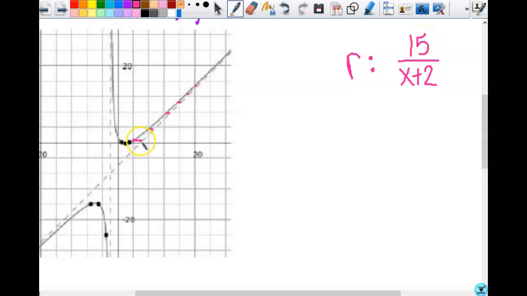That's this distance right here. If I substitute in an 8, I'd get 15 over 10, which I'd reduce. That's just this distance here. So the bigger and bigger x gets, as x approaches infinity, f of x is approaching that line, and the distance it is from that line is this number right here.